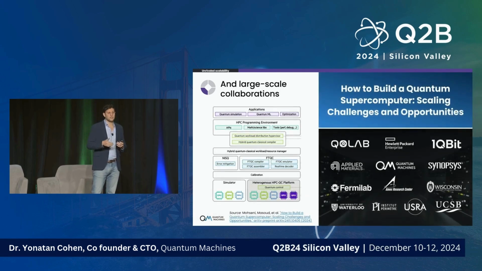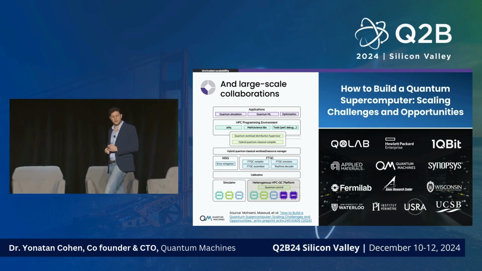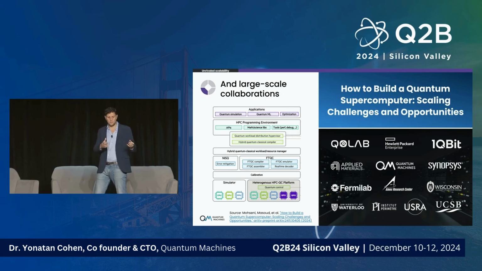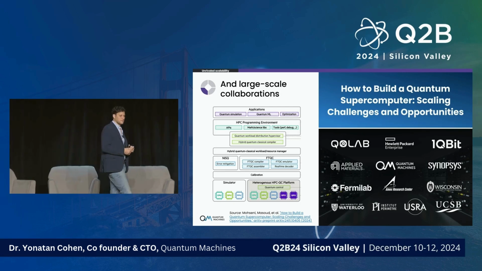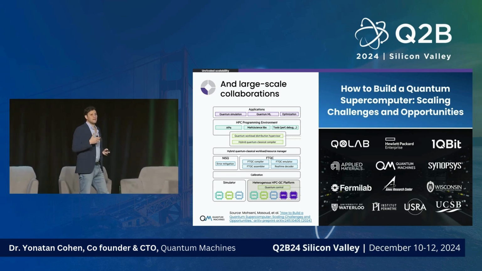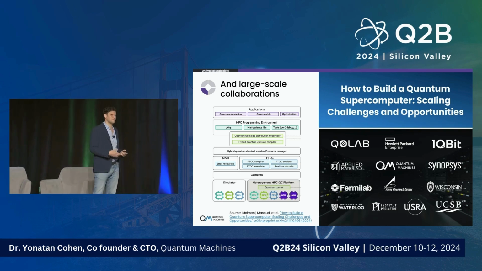And we actually want to go beyond 1,000 qubits. We recently published a paper with many of our collaborators and partners, Colab, John Martinez, HPE, and many others, of how we can scale up these quantum computers even to the hundreds of thousands of qubits and beyond.